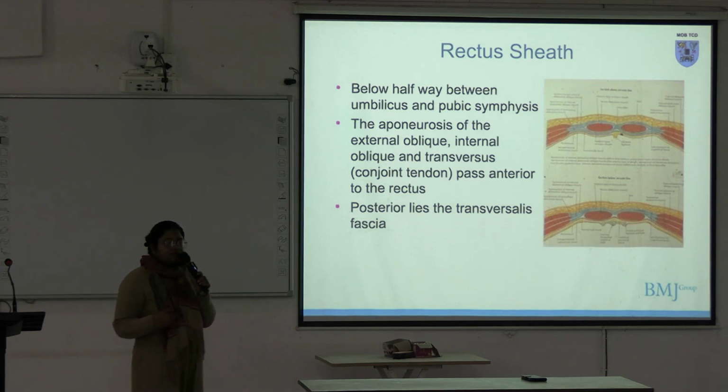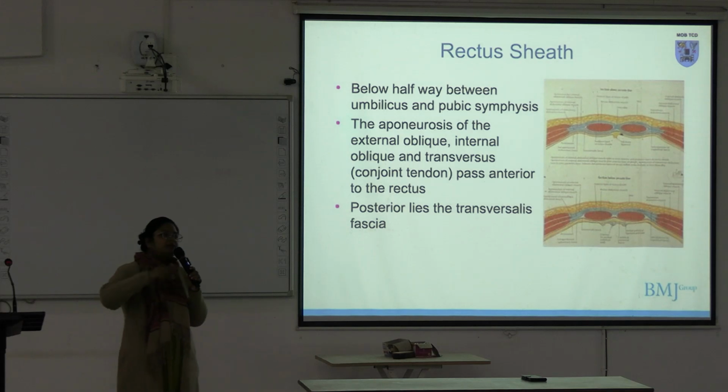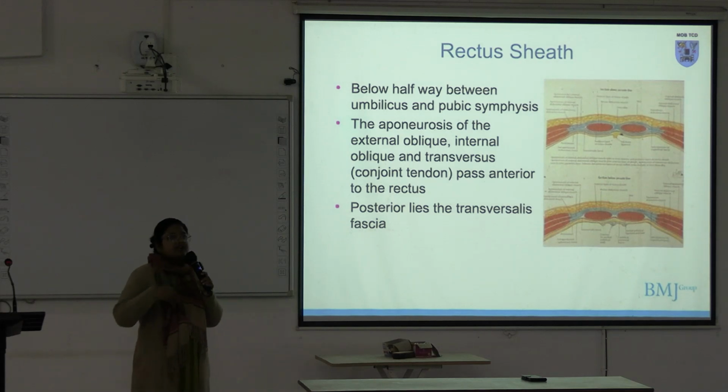Understood? So here also the posterior wall is deficient. In the middle part only the posterior wall is present, and at the lower margin of the internal oblique, at the midpoint between the umbilicus and the symphysis pubis, a semilunar margin is present, known as the arcuate line.